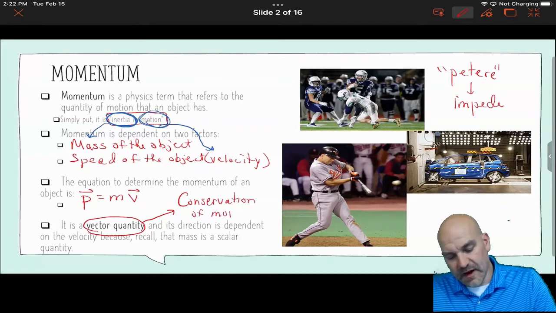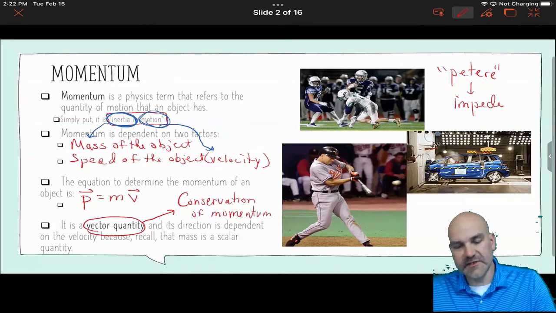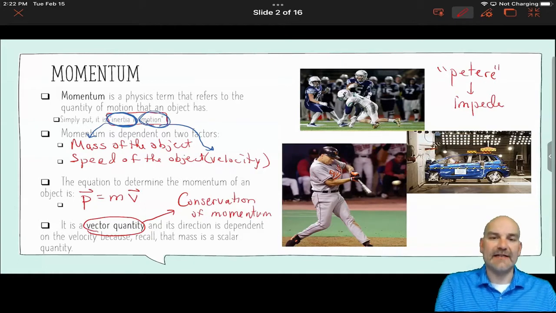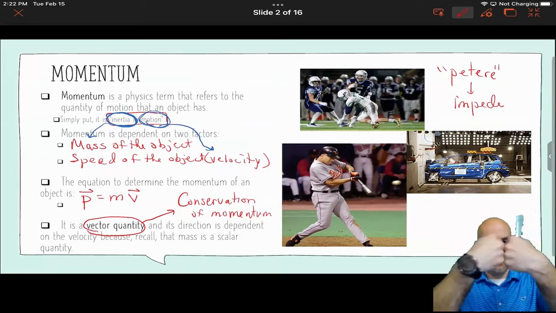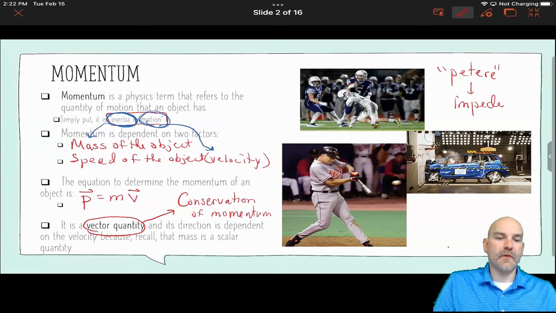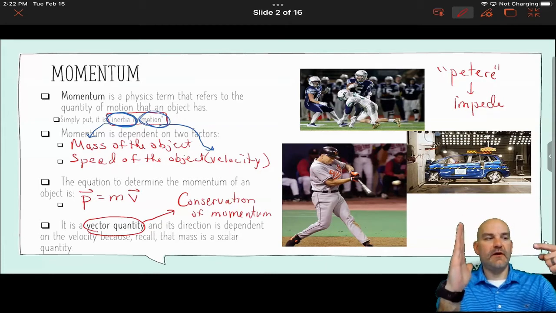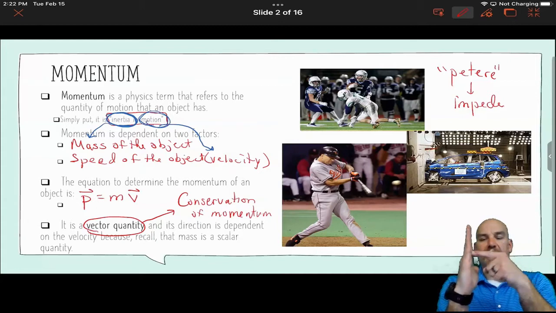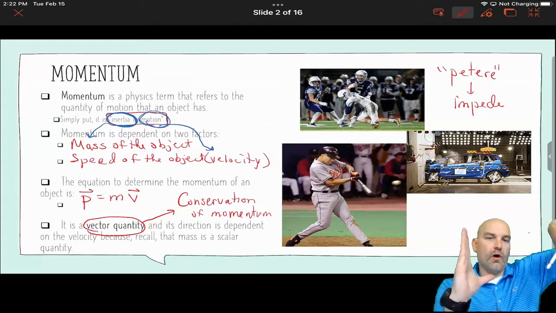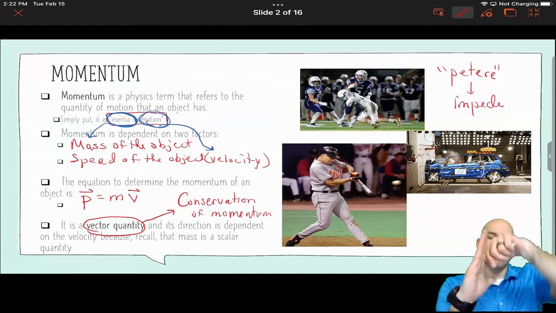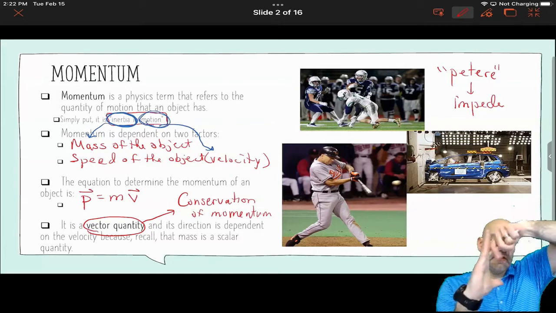If I have two objects heading at each other before a collision, one of their velocities has to be negative because they're coming towards each other. Or in an impulse momentum scenario, an object comes in the positive direction and then bounces off a wall in the negative direction, which means the wall is providing a negative force to get it to turn around.